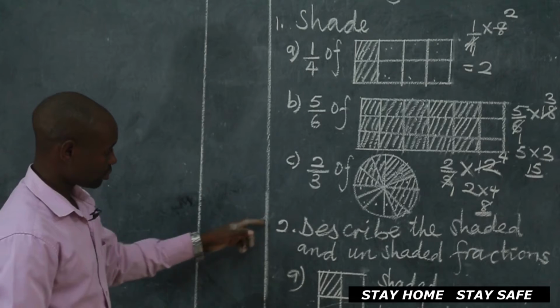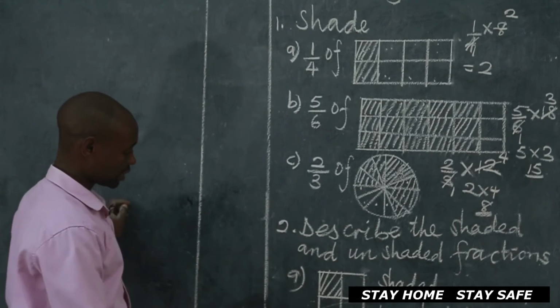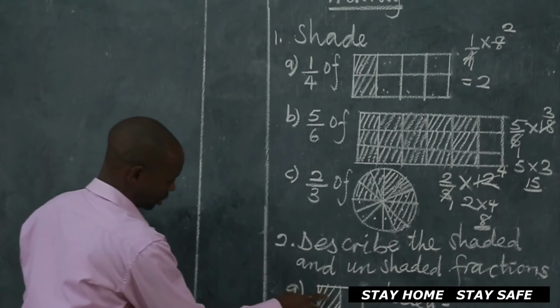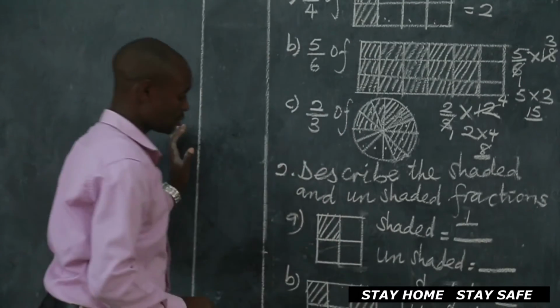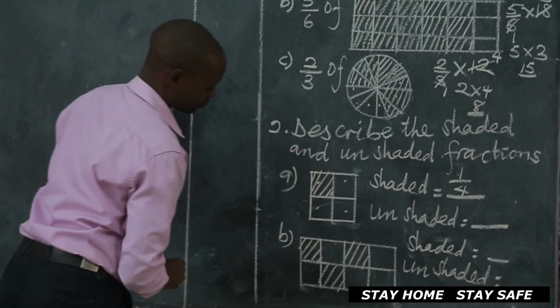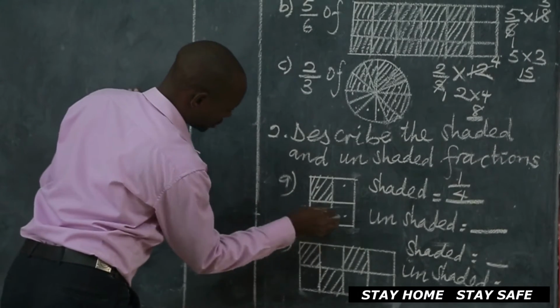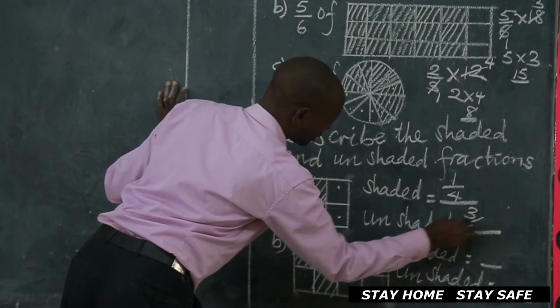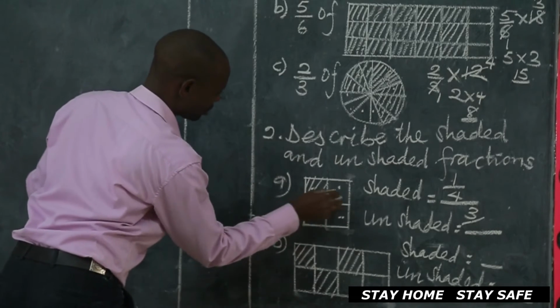Then lastly, describe the shaded and unshaded fraction. Shaded, we have 1 part out of 4. Unshaded, 3 parts out of 4.